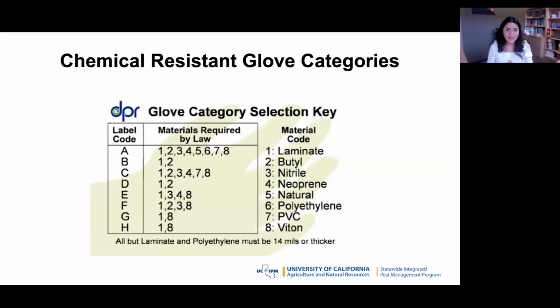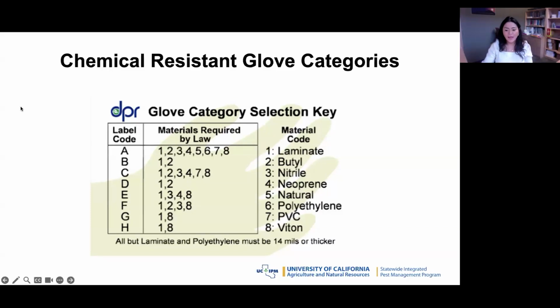And for professional use pesticides, on the label, it will typically state a label code. So it may say something along the lines of handlers and applicators must wear label code A material gloves. And if you don't know what that is, the DPR, Department of Pesticide Regulation, has a selection key which decodifies what that material is.